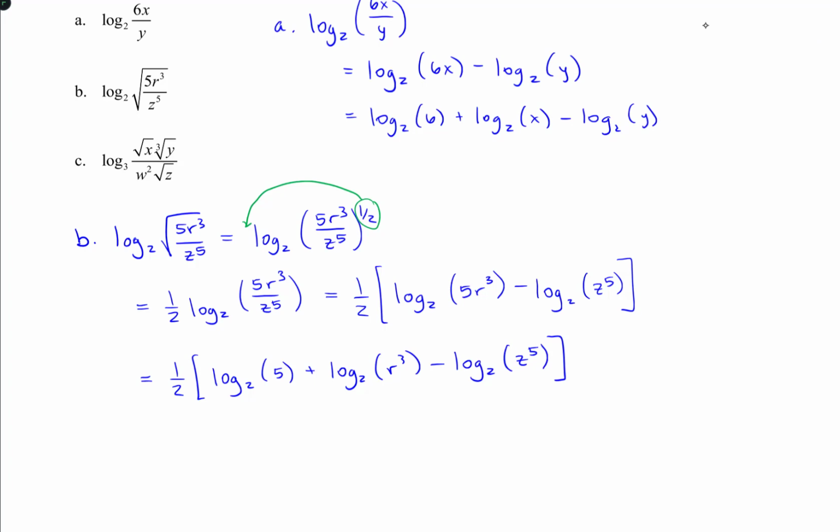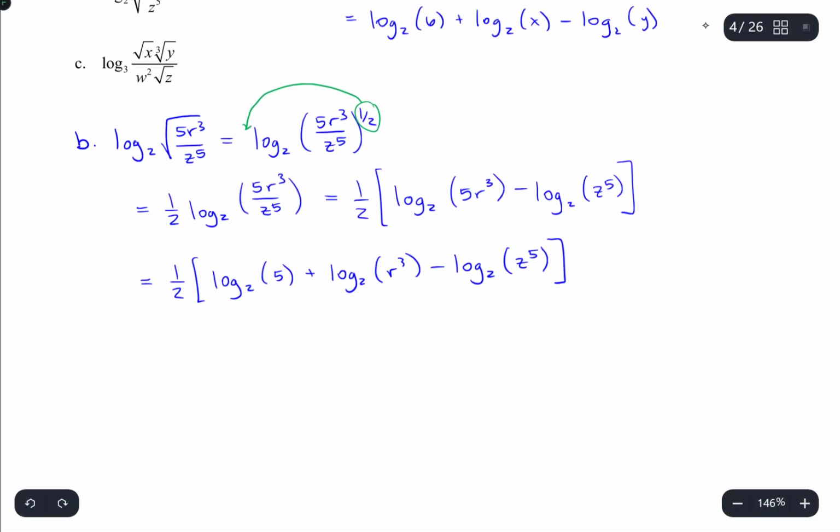And the last thing that I can do is I have these remaining exponents on some of the terms, and just like with the 1/2 at the beginning of this problem, I can bring these out as constant multipliers. So I could write this as 1/2 times log base 2 of 5 plus 3 log base 2 of r minus 5 log base 2 of z.